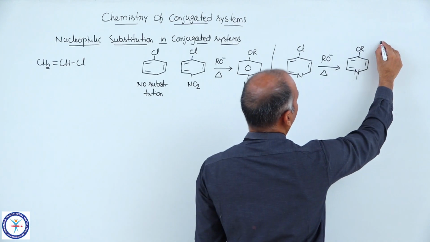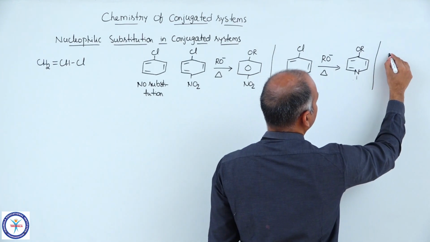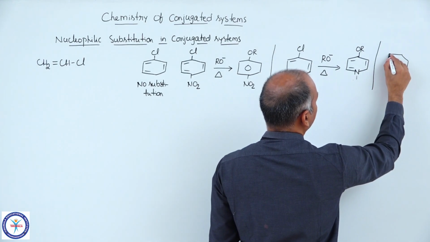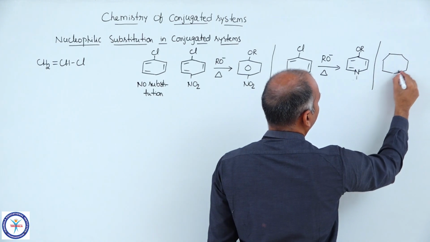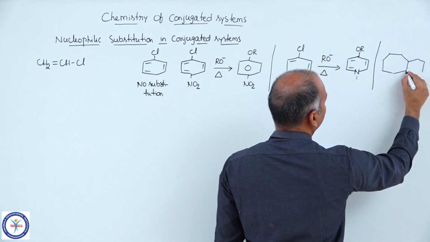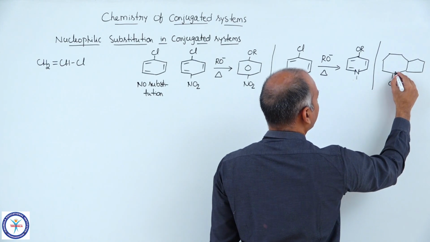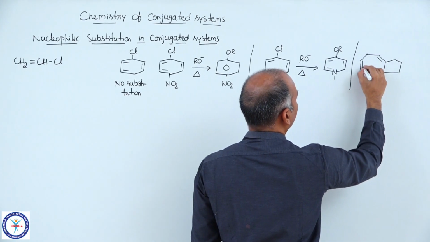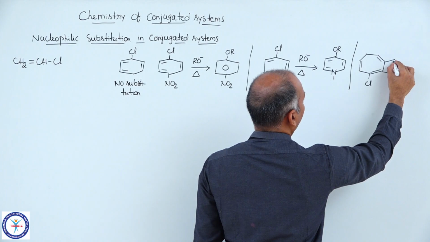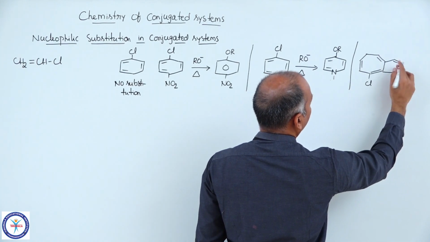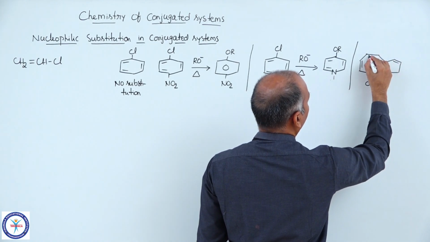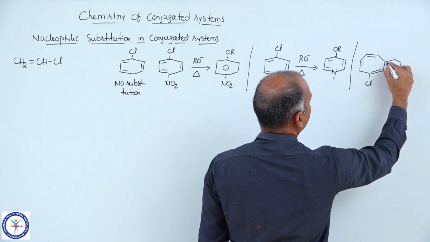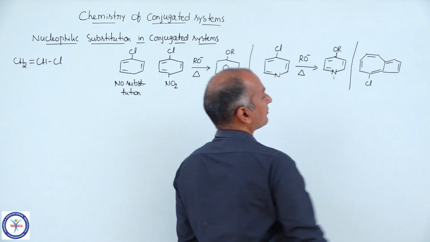And there is another example we can see, that is azulene, in which the leaving group is attached here, and that is also vinylic type of halogen. One double bond here, here double bond and here also double bond.